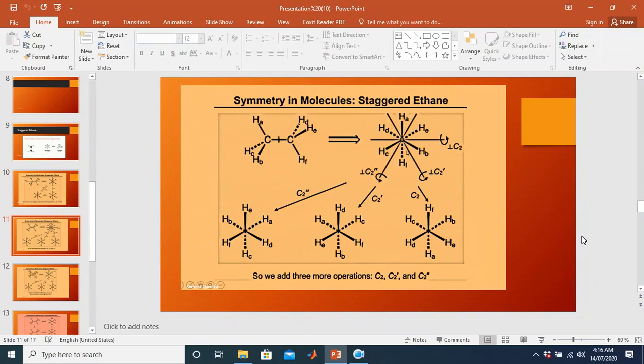Solid is towards the observer and dotted is away from the observer. HD, HE and HF are on the backward side. HF takes the position of HA, HE takes the position of HB, and HD takes the position of HC when the operation C2 is applied.